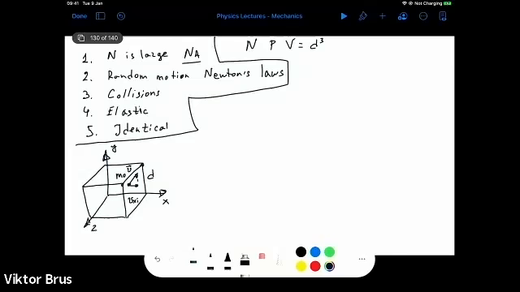Now we consider not all molecules, but start from one. At this point we want to find the relationship between pressure as one of the macroscopic state parameters and some microscopic quantities, like some molecular properties.